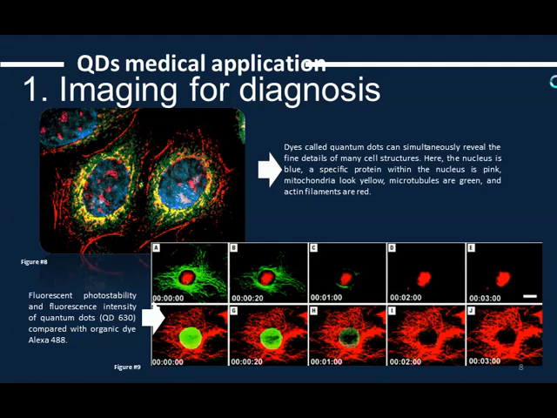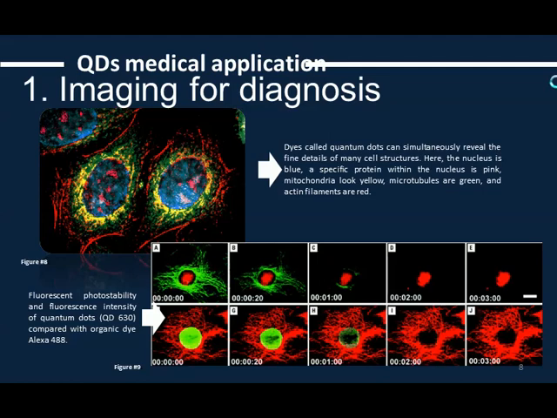In figure number 9, you can see the fluorescent photostability and fluorescence intensity of quantum dots compared with the organic dye, which in this case is Alexa. From A to E, you can see in general an evolution over time with different dyes.